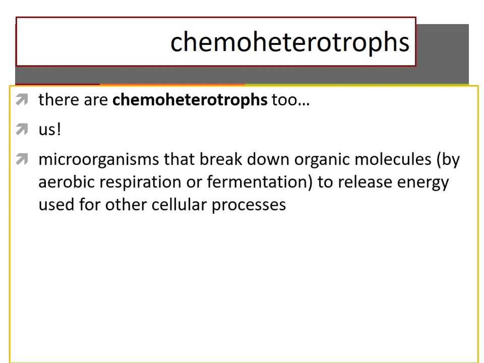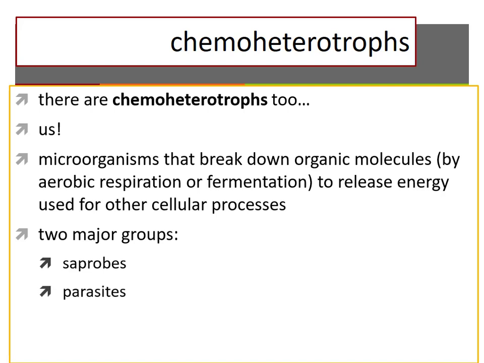What we do is take organic molecules, things like glucose, and break them down and release energy, and we use that energy trapped in ATP to fuel our anabolic reactions. Now, there are two large groups of chemoheterotrophs, two ways of bringing in that organic carbon. There are saprobes and there are parasites.